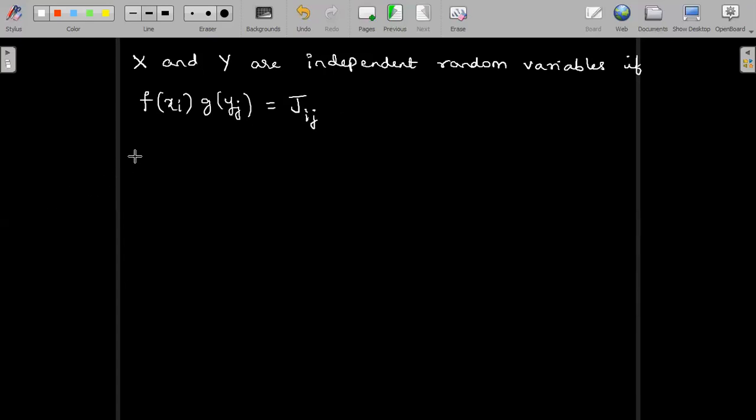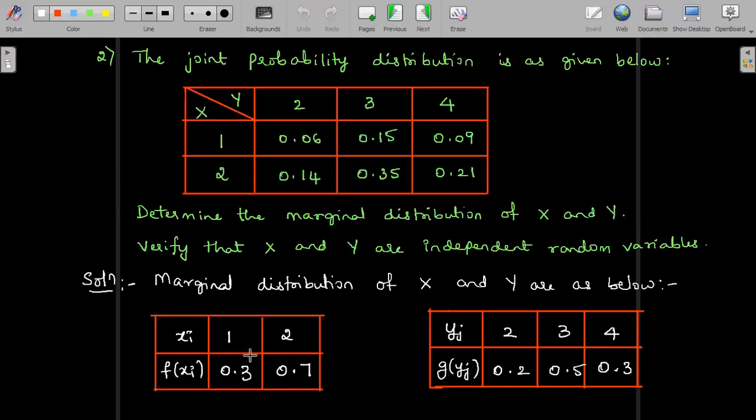Let us verify this condition for each one of the values now. So f of x1 into g of y1 should be equal to j11, because I am taking i equal to 1, j equal to 1. So let's see what f of x1 into g of y1 is. f of x1 is 0.3 and g of y1 is 0.2.